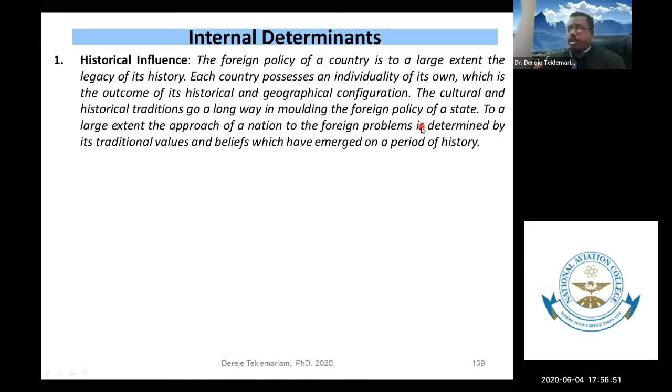And then even the cultural and historical traditions normally go a long way in molding, meaning shaping, the foreign policy of a state. The cultural setup and the historical conditions that the country has are passed on. Therefore, this is one of the areas of difference among the determinants of foreign policy.